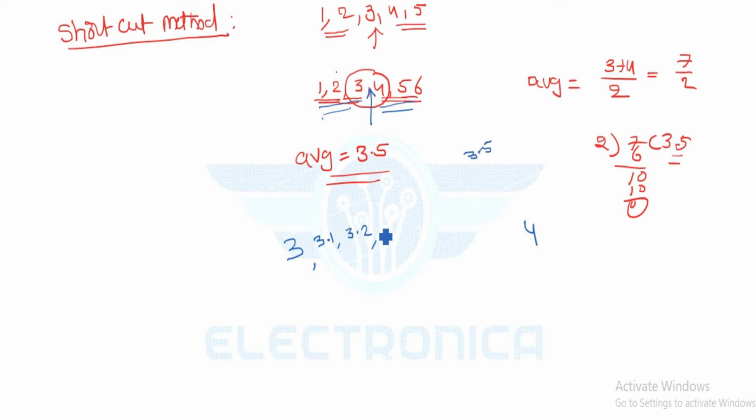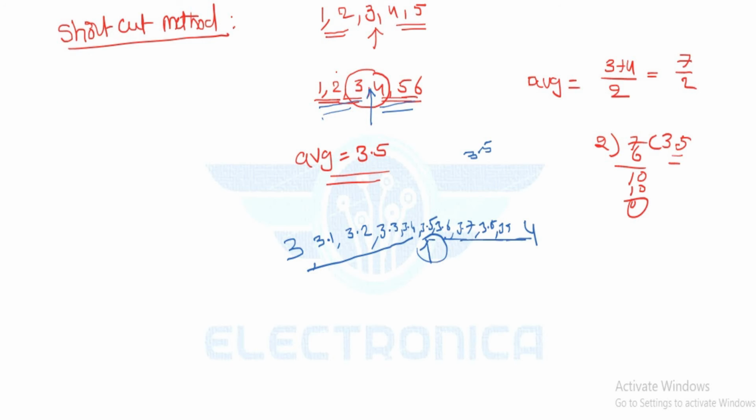What? 3.1, 3.2, 3.3, 3.4, 3.5, 3.6, 3.7, 3.8, 3.9 and 4. Therefore, this side 4 numbers and this side 4 numbers. The middle number is 3.5, we know. So the average of the first 6 natural numbers is 3.5.